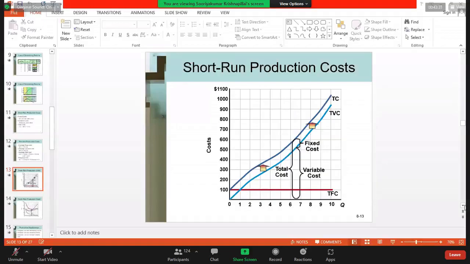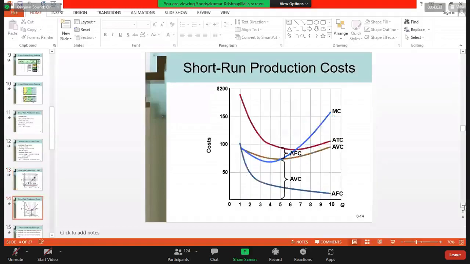Okay, students. So then how do the average cost and marginal cost look? We already know the average fixed cost continuously declines when the output increases, because fixed cost is a constant amount. Then when we divide by the number of output, the average fixed cost declines first very sharply, then declines less and less.